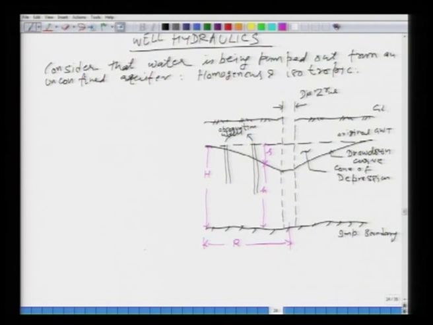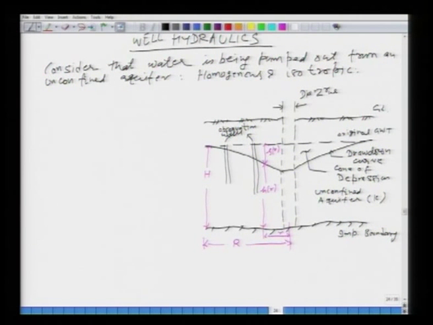It will be a function of r, and r is this distance. This is your unconfined aquifer, and it has a certain conductivity, let us say K.